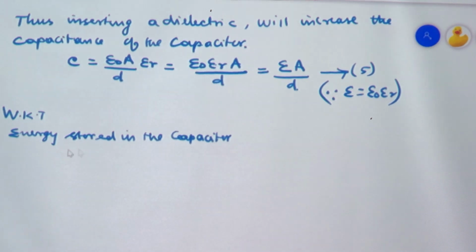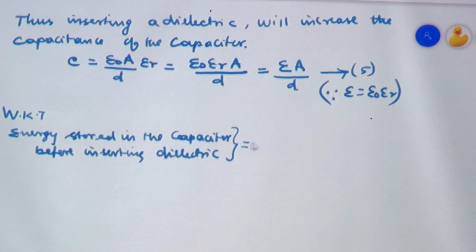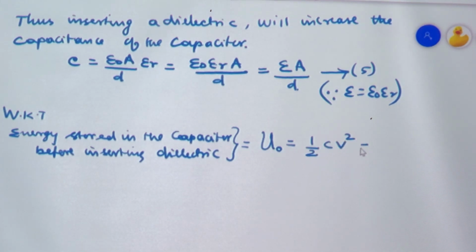So the energy stored in the capacitor before inserting the dielectric, the potential energy U0, is equal to half into Q square by C, or we can consider this half into CV square, which is equal to half into Q0 square divided by C0.